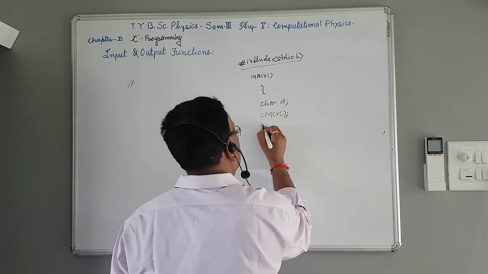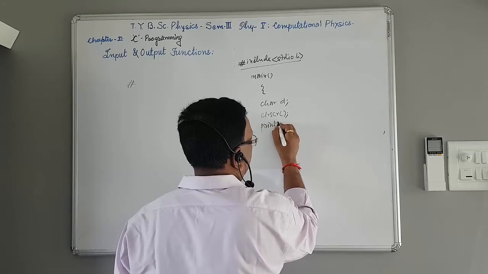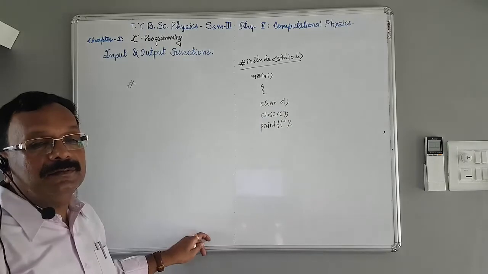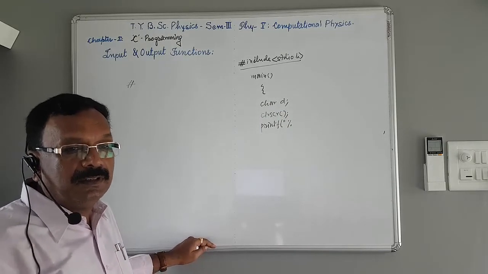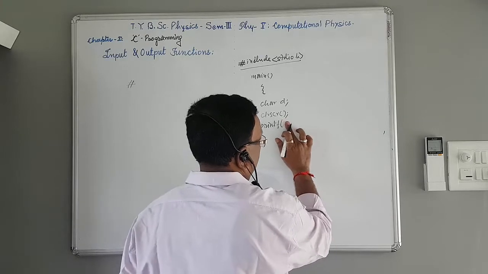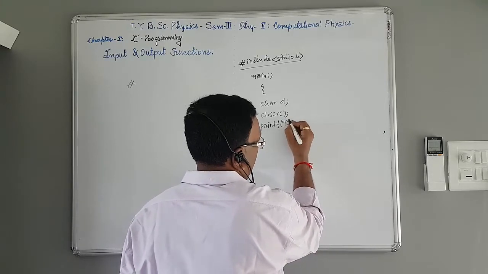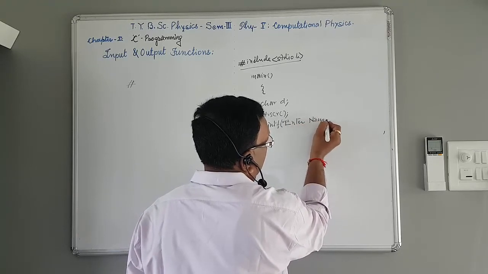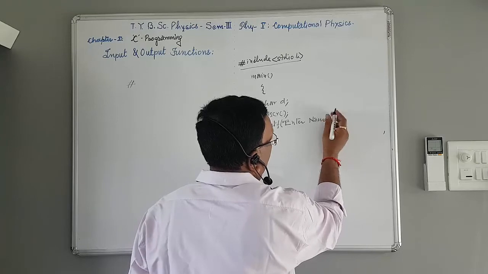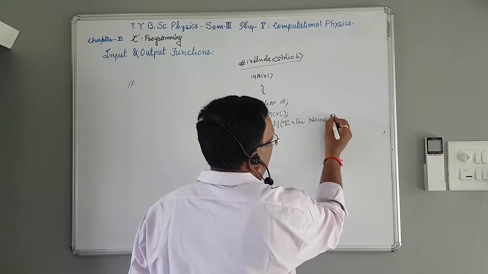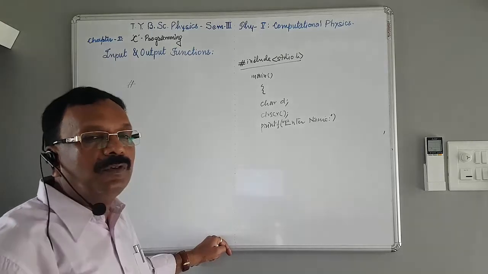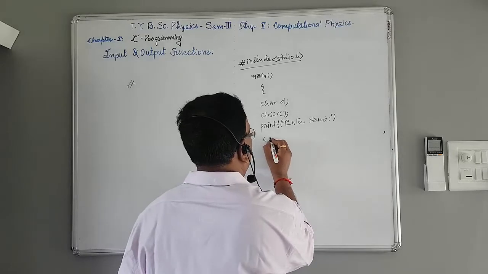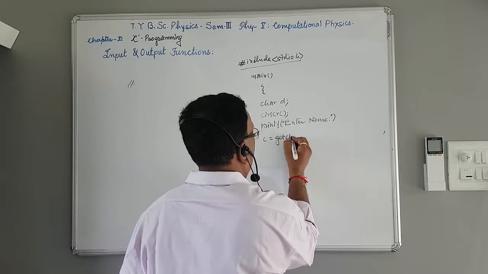Then printf, we supplied the data through this statement. The control string is enter name. After the execution of this statement, there is the phrase enter name on the screen, and we want to supply the data through the keyboard. Then c is equal to getchar.